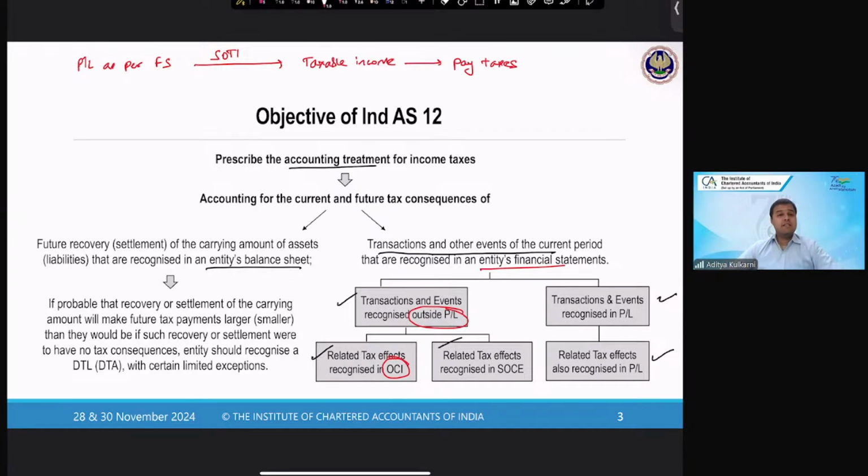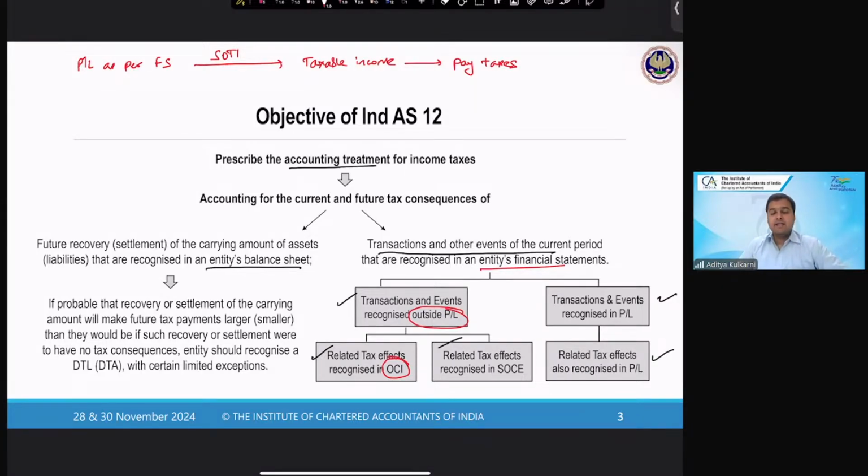Now, if it is a straightforward working where there are no disallowances, allowances, no differences, nothing, then straight away your P&L as per financial statements will be your taxable income, and on that you will end up paying the taxes.